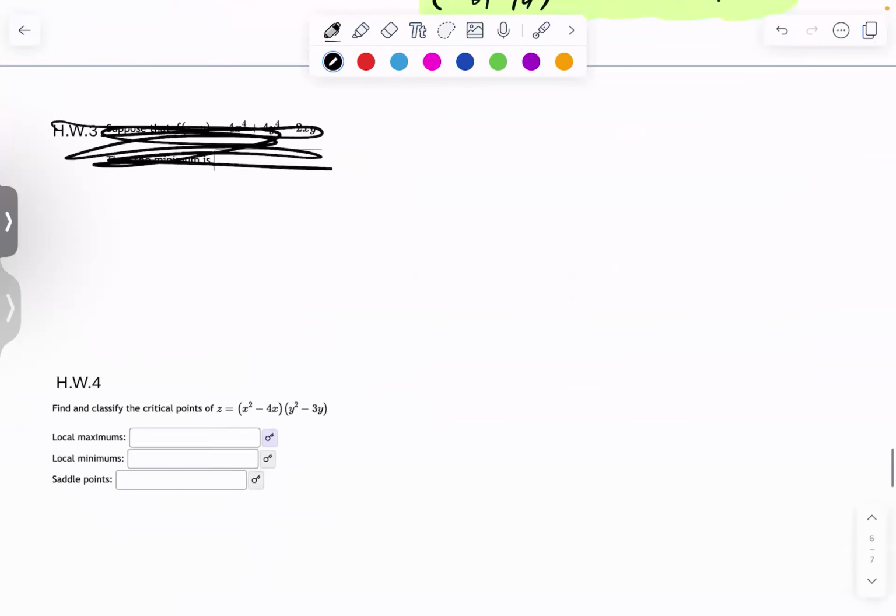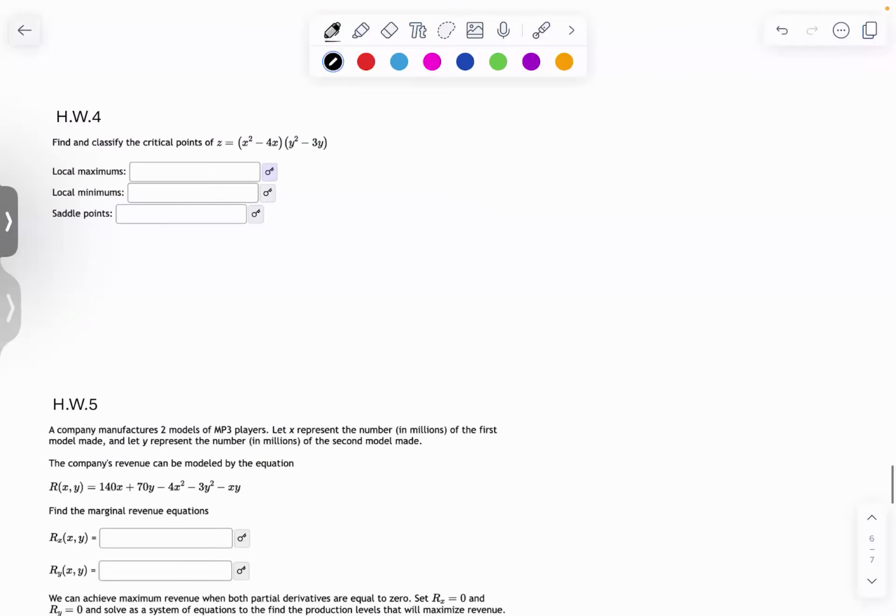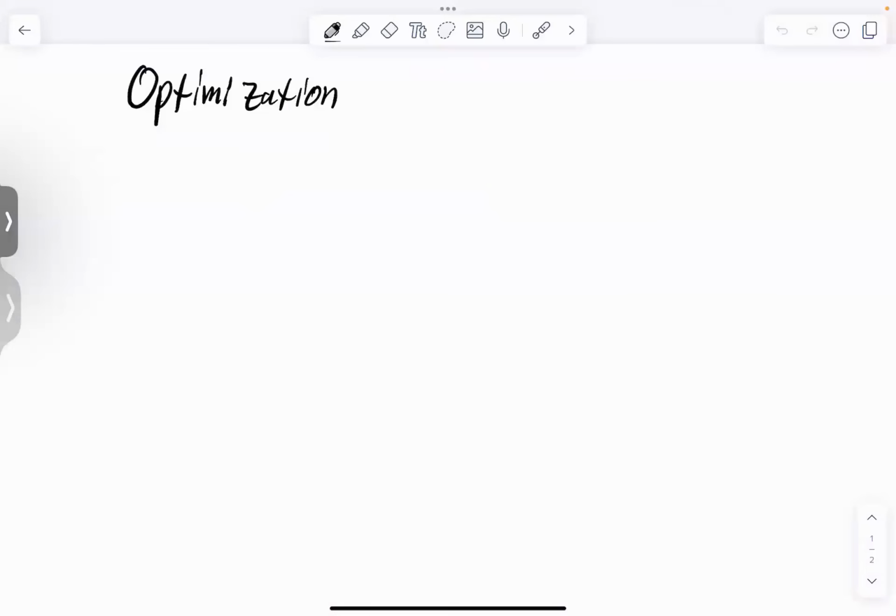All right, and for this next one here, I'm actually going to copy this onto a blank sheet. Let's start with the function.